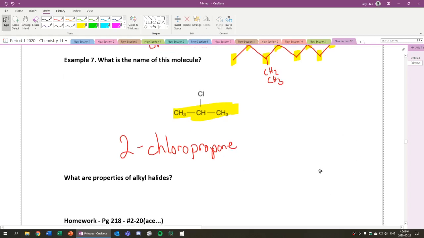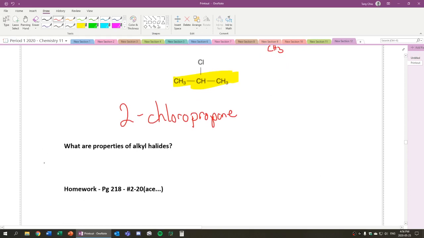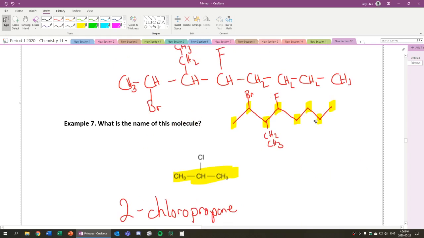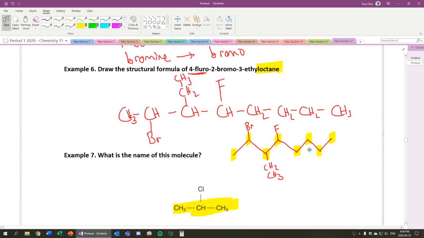So what are the properties of alkyl halides? Well, it depends on where the halogen is bonded. Because just by moving, for example, this fluorine to another carbon, it can actually change the property.